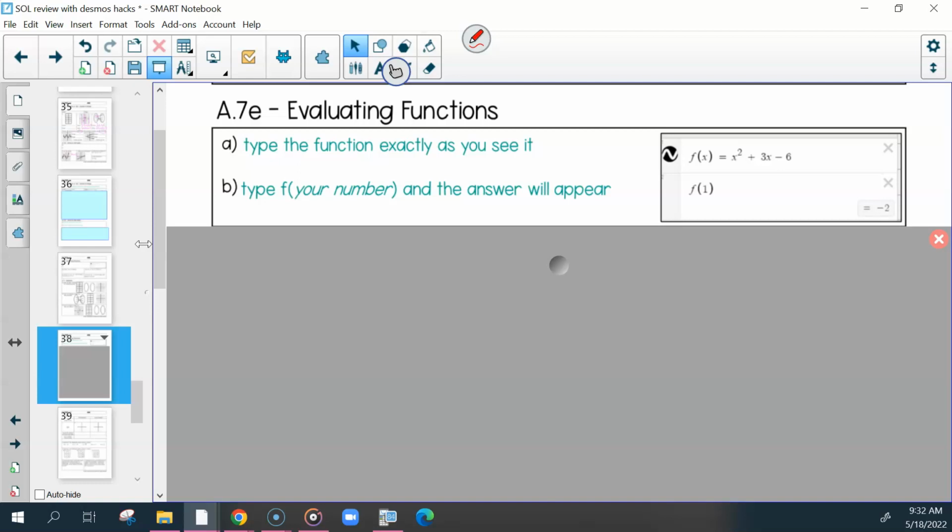Okay, so starting with 10, I'm going to do this one this way, and then we do 12 a different way.